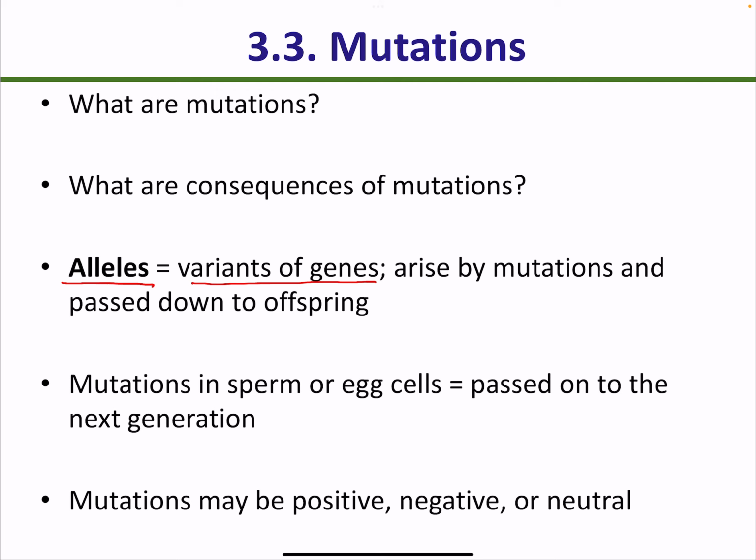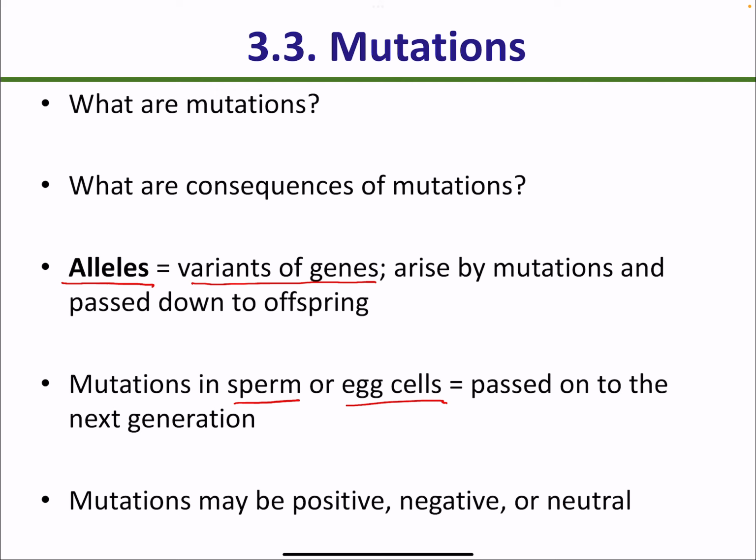in humankind, right? Now, typically, mutations are going to be passed down whenever these mutations occur in sperm cells or in egg cells. This is when they are able to be passed down to offspring, because you know that in human reproduction, an egg cell is going to be fertilized by a sperm cell.